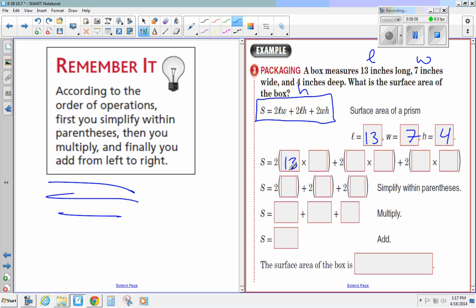L, 13, W, 7, height, 4. So, order of operations, in the parentheses first.